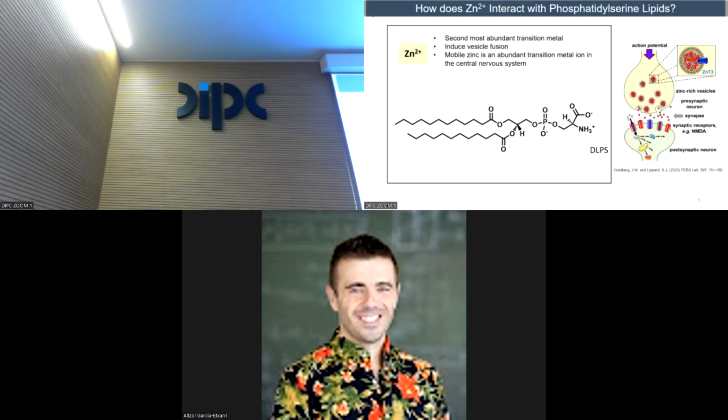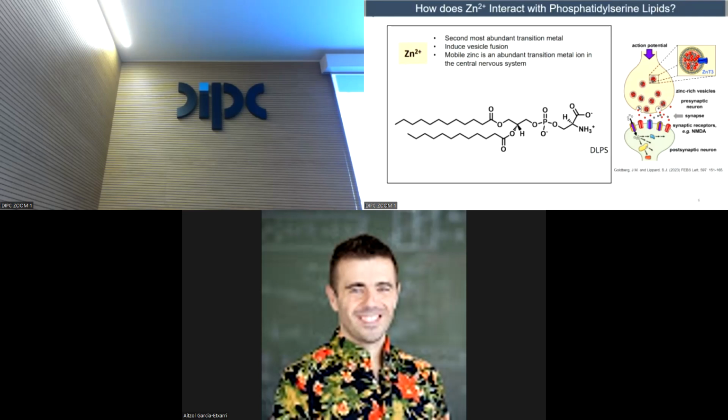And zinc is also very important in the brain because even though the overall free zinc concentration in our body is quite low, the concentration of zinc can reach millimolar levels in certain parts of the brain, for example, in synaptic vesicles. And Zn2+ ions, therefore, play a very important role in neurotransmission.